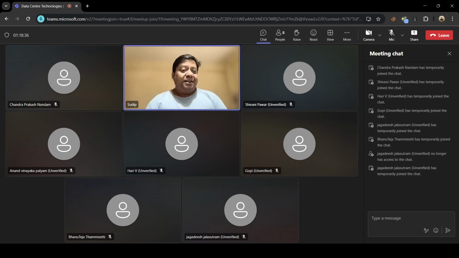So we learned a lot of new things today. Yesterday we learned RAID. Today we re-emphasized what RAID was. Then we learned a new technology called erasure coding, and we understood where it is used, why it is used, how it is beneficial versus RAID, and what kind of storage systems use erasure coding.